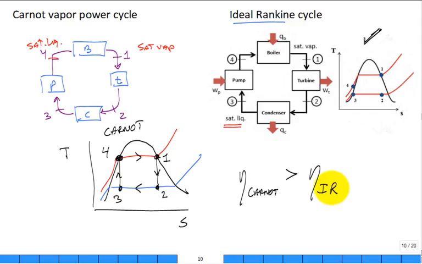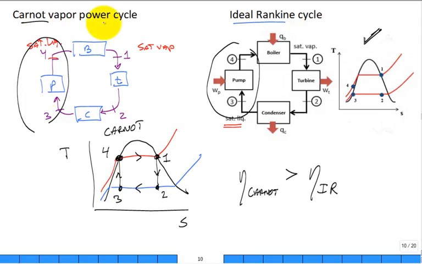Why? It's a very subtle point. It's in what's happening over here on this side. A lot of people, when they talk about the Carnot vapor power cycle, wouldn't even call this a pump.